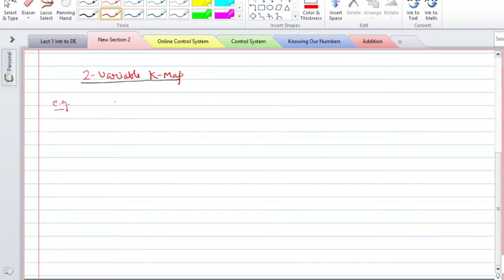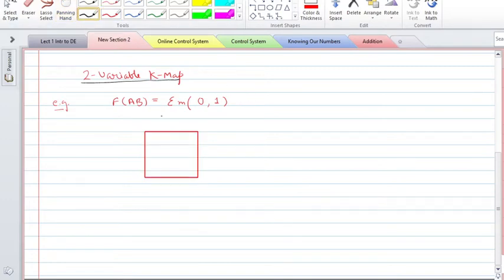Suppose the function is f of a, b, and here the terms are written like this, summation m 0 3, or let's suppose it contains 0 1, two terms are there. So we have to draw the K-map like this, as this is a 2 variable K-map.